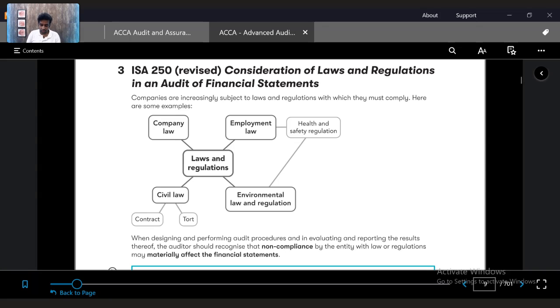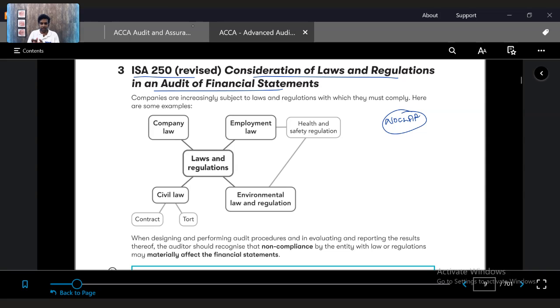So the next topic that we are going to learn is ISA 250, consideration of laws and regulations in an audit of financial statements. Now, what does the standard say? This is something that we have already learned in our AA subject in a brief manner, which is called NOCLAR. So we would have touched on it very vaguely, in a smaller way, in AA.